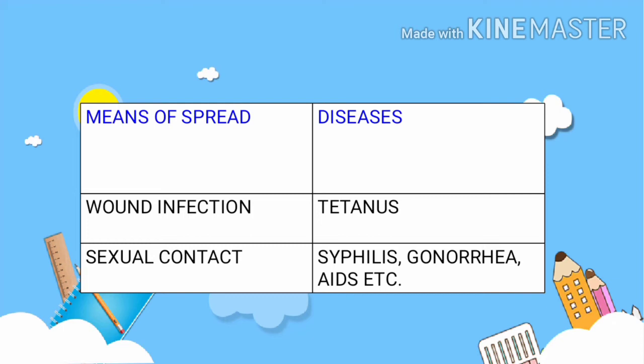Examples of such diseases are syphilis, gonorrhea, AIDS. These diseases are called sexually transmitted diseases, and we are going to read in detail about such diseases in our next video.